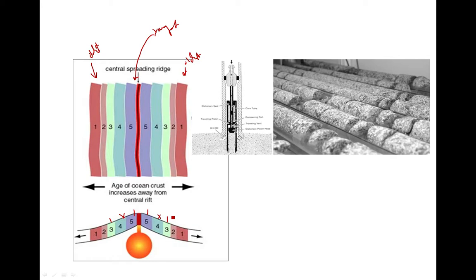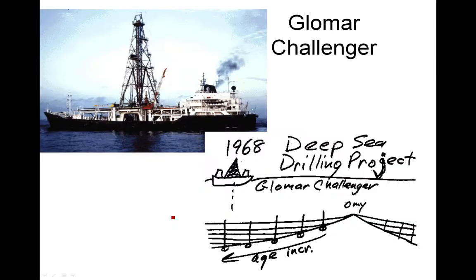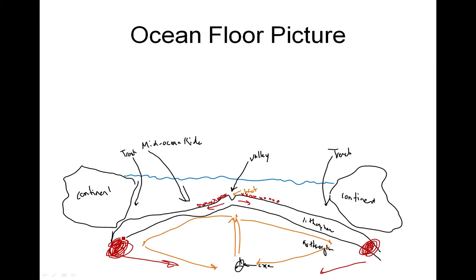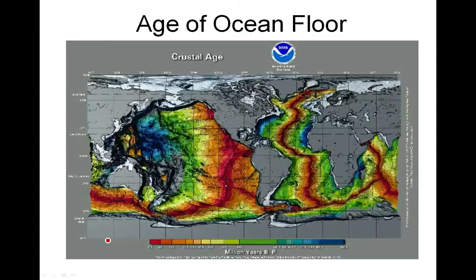So of course they should be younger because remember, what's happening in the trenches? The old rocks getting recycled. So if these continents were together 200 million years ago, then the oldest rocks should be about that age. So Glomar Challenger found that.